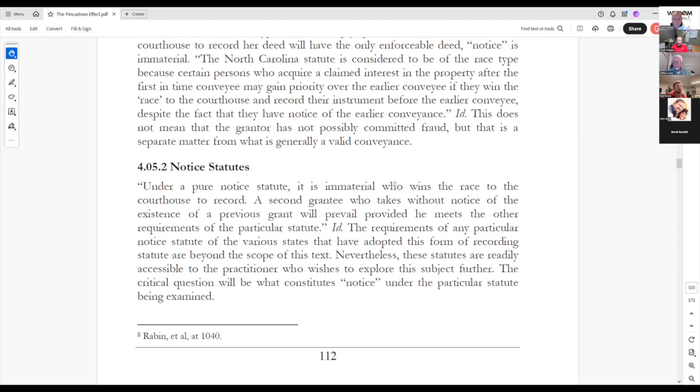So that's the court that, for instance, the title companies have to go down and look in. That's where the chain of title is on property, and so there's a designated court for that.